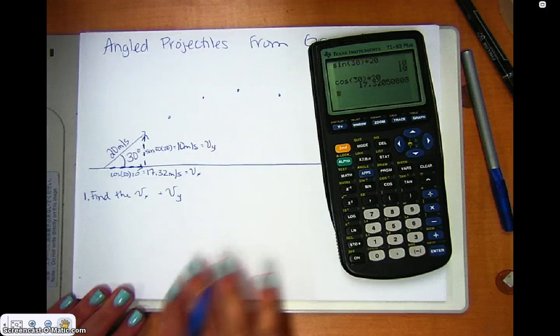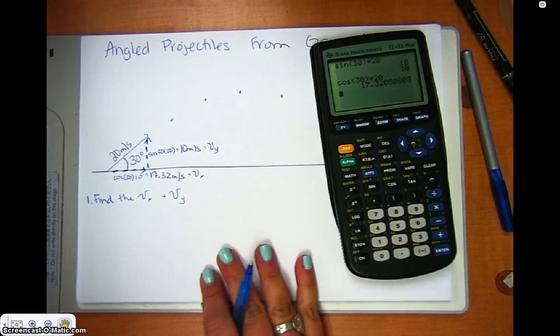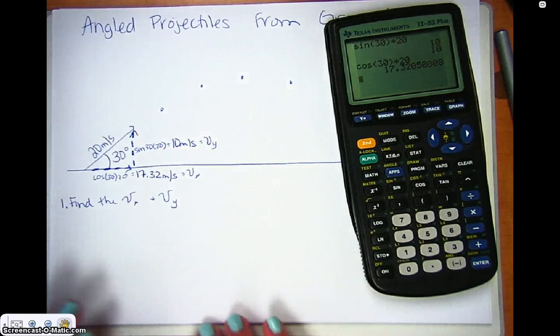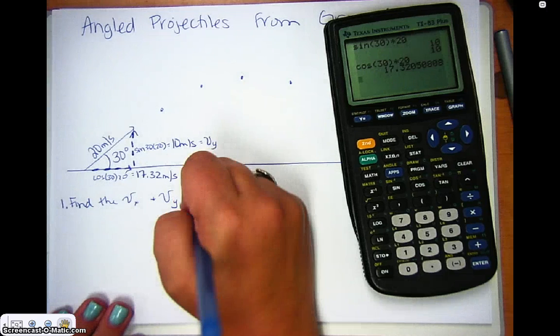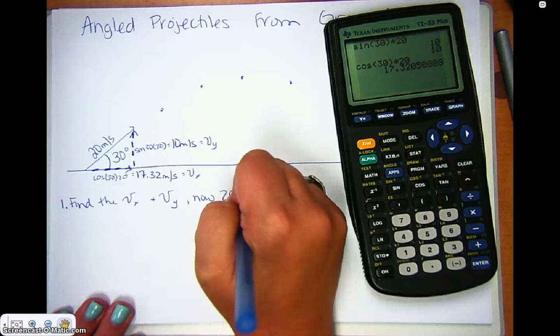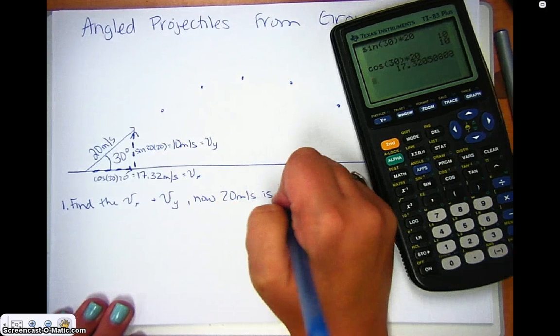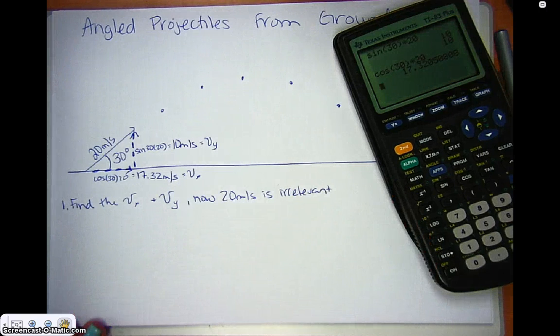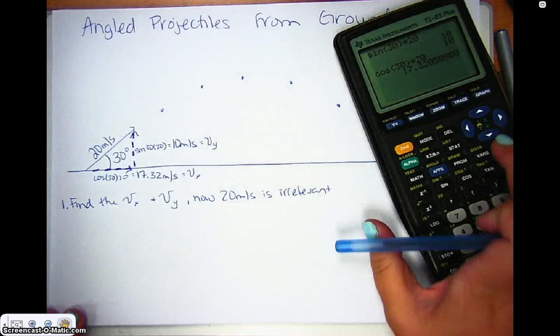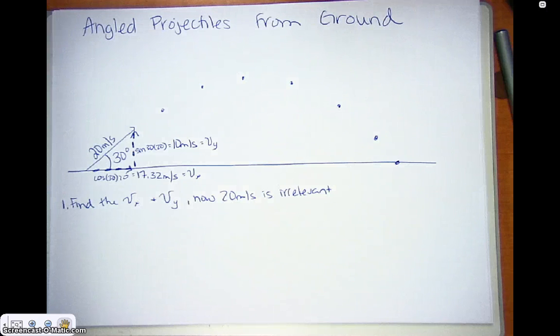After I have solved these two components, I should never have to use this velocity ever again. So 20 meters per second is irrelevant to the rest of the problem. I can completely forget about it, because we're going to treat our x's and our y's independent of one another, just like we did with the horizontal projectile.